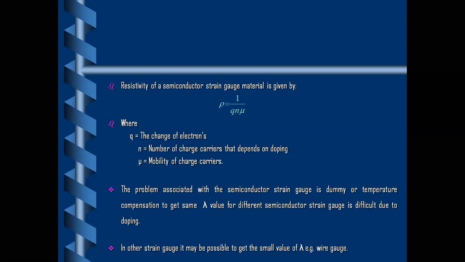Now when we are applying a force on the strain gauge, suppose this is the strain gauge, this is the base material. On this base material we have a strain gauge, and no doubt the output which we are going to get by applying some force on this strain gauge, it is going to be elongated.